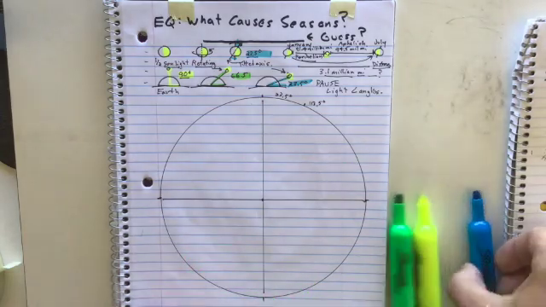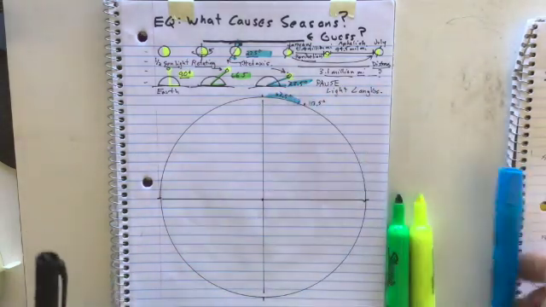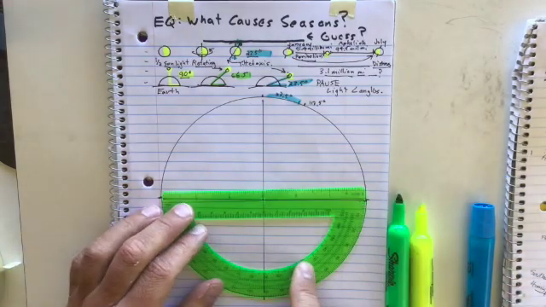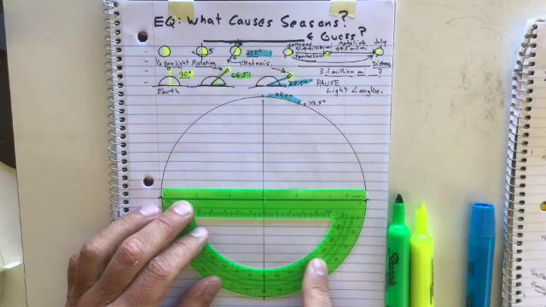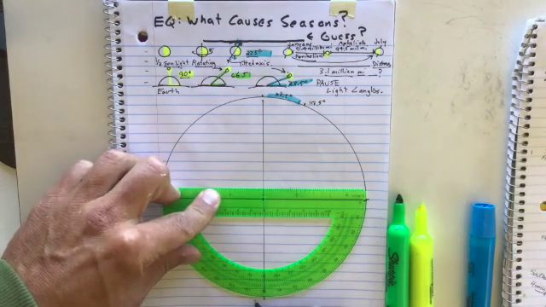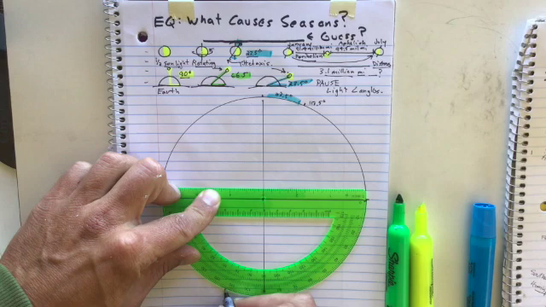So let's highlight that in blue. It's just a little easier to keep track of these angles because seasons are all about angles. And let's go to the bottom. Just flip your protractor upside down again. And we have 90 right here. Again, we need to go to 113, so we find 110, we go 1, 2, 3, and we have 113.5 degrees.